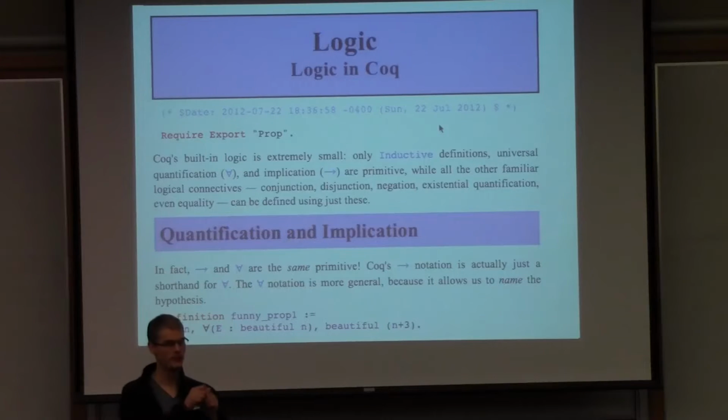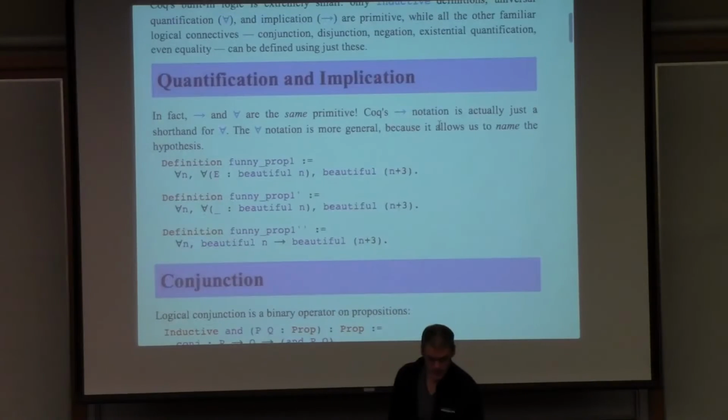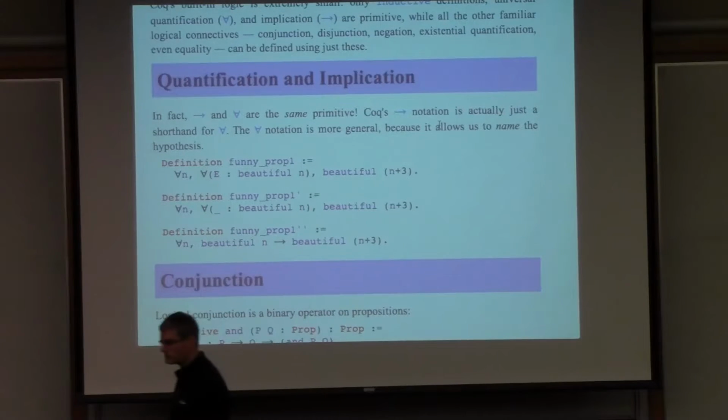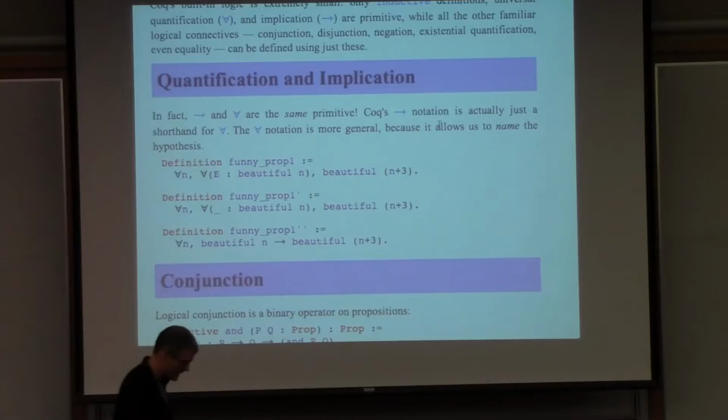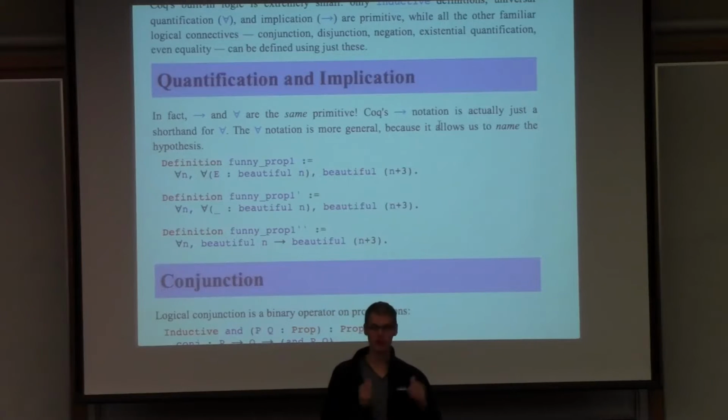So both the arrow and the for all are instances of pi types. And indeed the arrow is simply syntactic sugar for the special case of the pi where it's non-dependent.